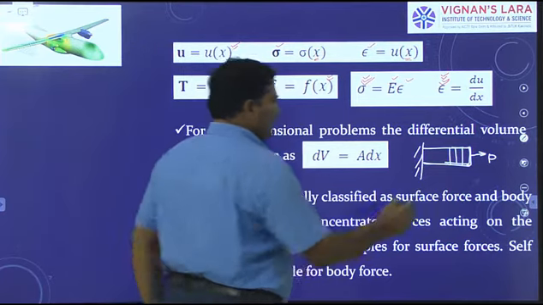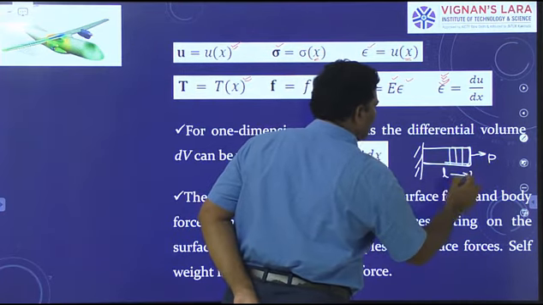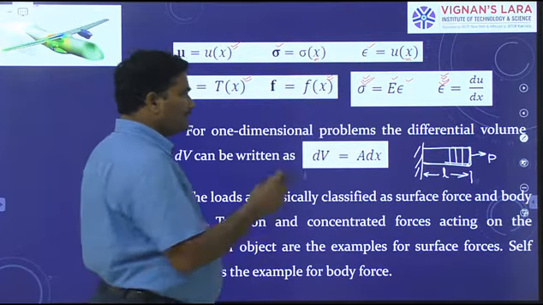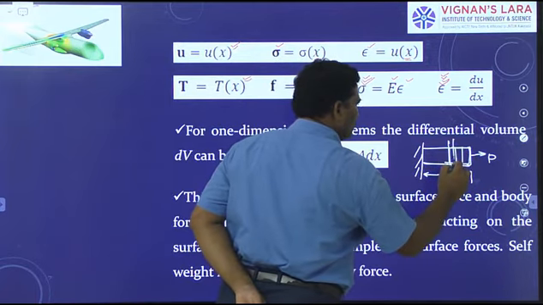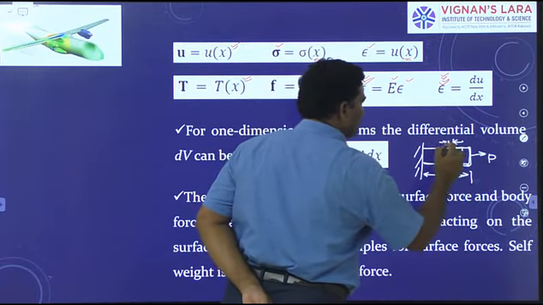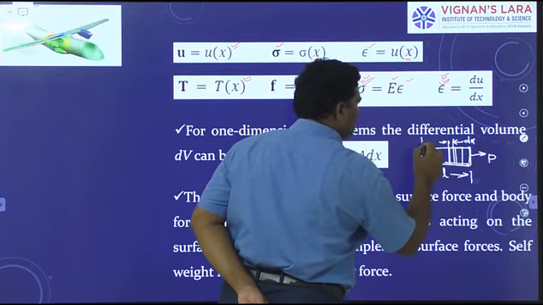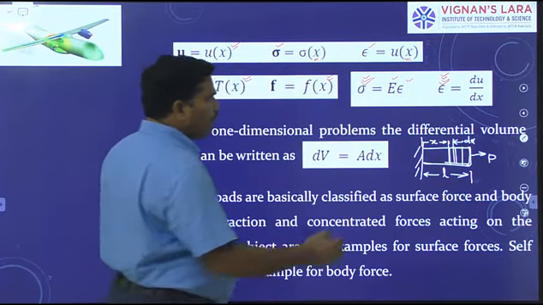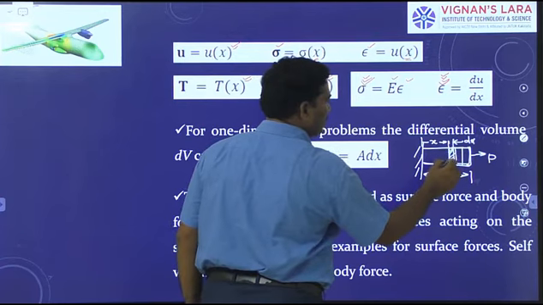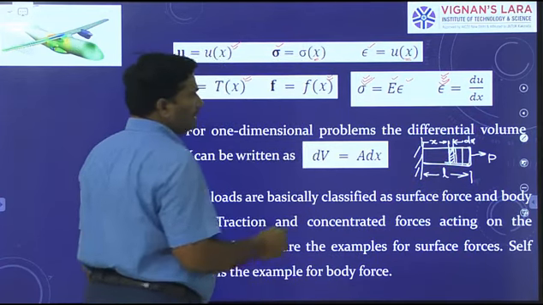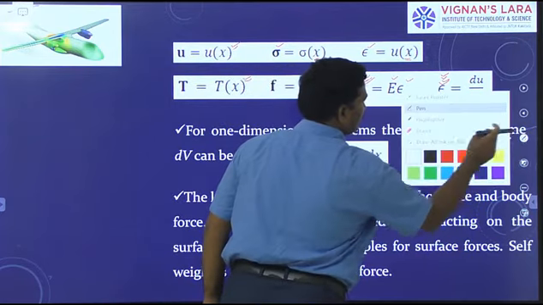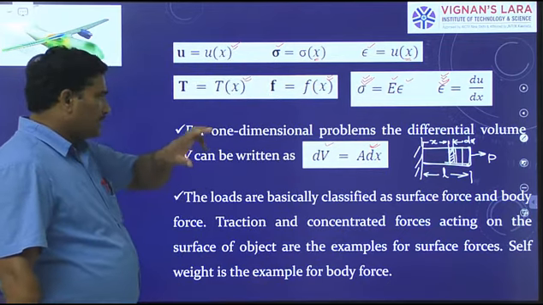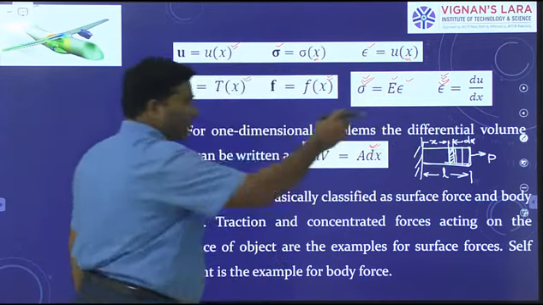Okay. Now, L is the length of the member. This is the reason why, if you consider an infinitesimal element of thickness dx, distant x units from the fixed end, the volume of this differential element, dV equals A into dx, because the cross-section area of this member is same throughout its length.